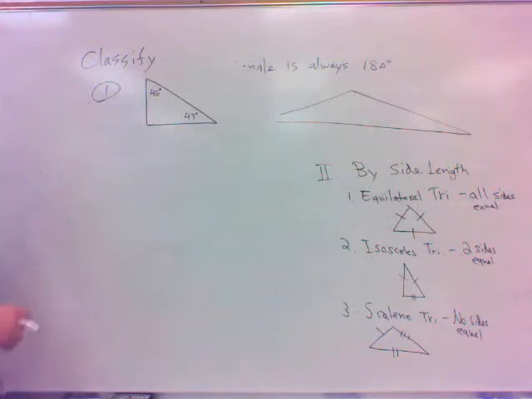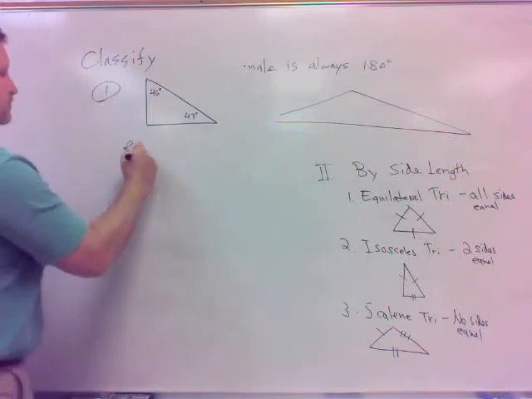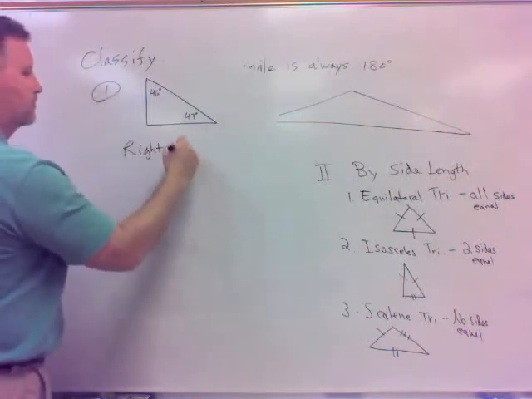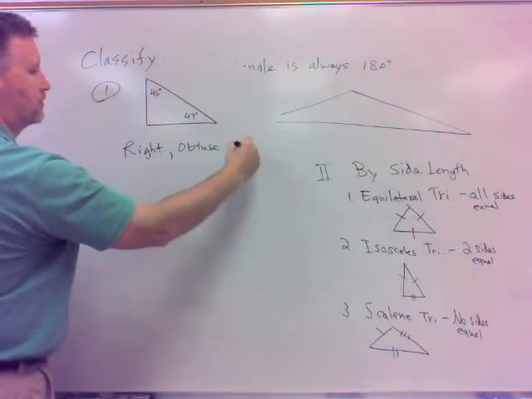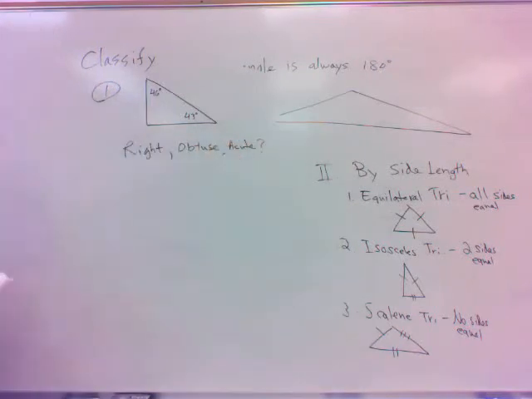If I classify it by angle, it's either a right triangle, obtuse triangle, or acute triangle. Which is it? Like I said, looks can be deceiving. It almost looks like a right triangle, but we better check that.